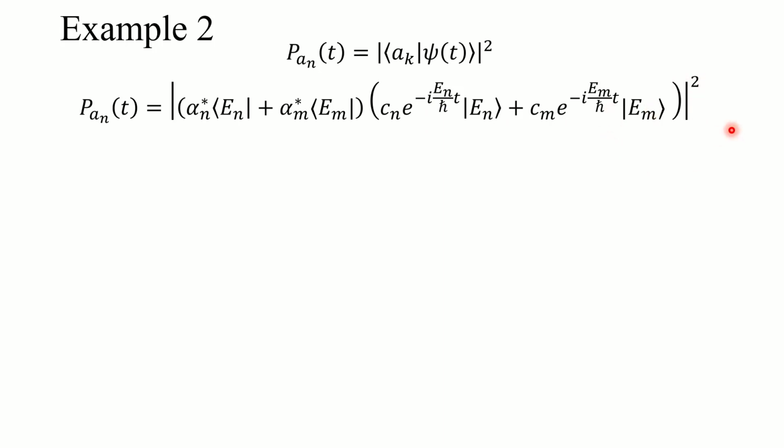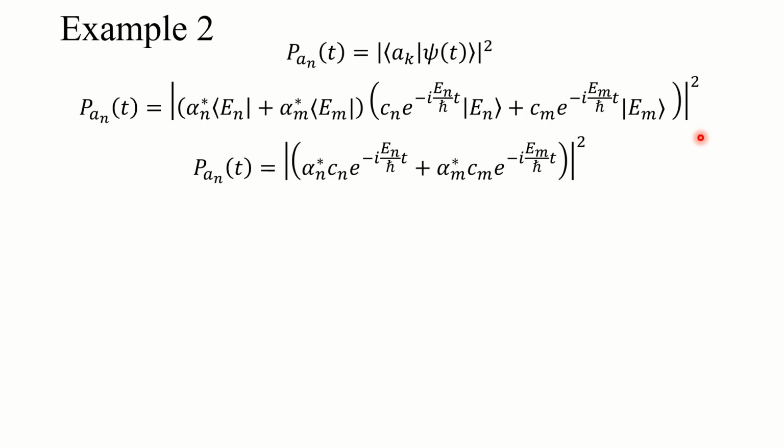Now, because we know the energy eigenkets and bras are orthonormal, we can perform these inner products. The E_n term here and the E_n term here are going to have an inner product of 1, so the two coefficients come through. This E_n and this E_m are orthogonal, so those just end up being 0.